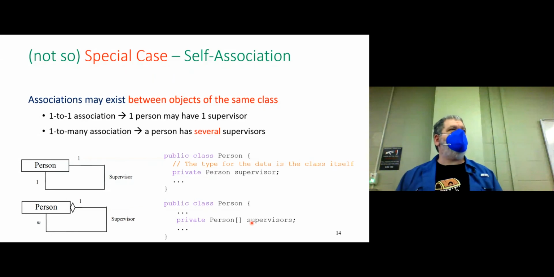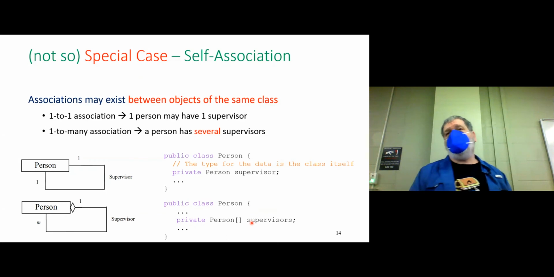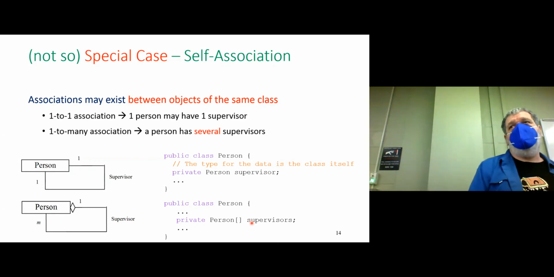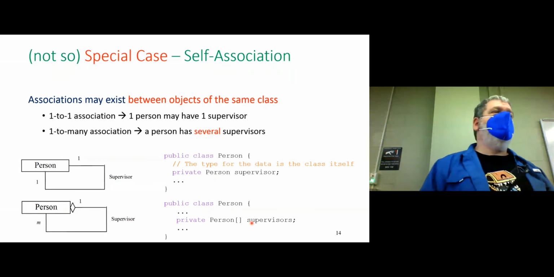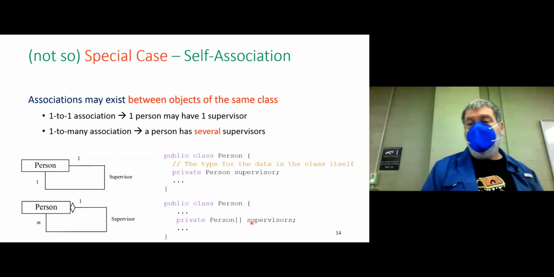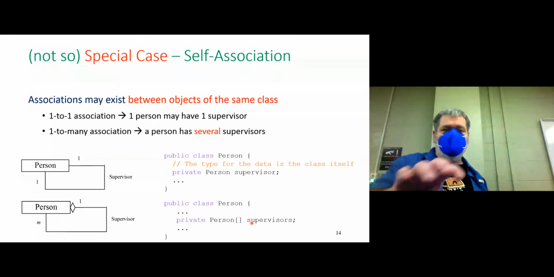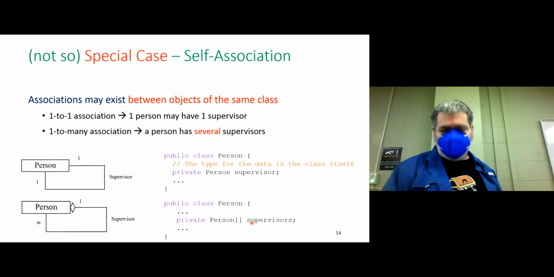How do we store the references to all those supervisors? There are many different ways. We can use ArrayList, things that we haven't covered yet, or we can use what we've covered so far, which is an array. A good old-fashioned array of references to person objects is going to do the trick and allow us to keep track of exactly all the supervisors that this particular person object has. Okay?